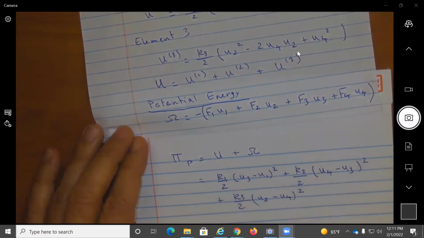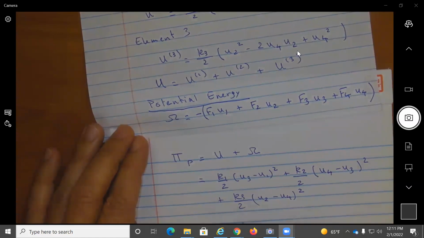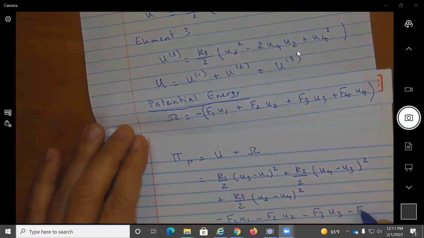This here represents U. And then for omega, I'm going to write it as minus F1 U1 minus F2 U2 minus F3 U3 minus F4 U4.